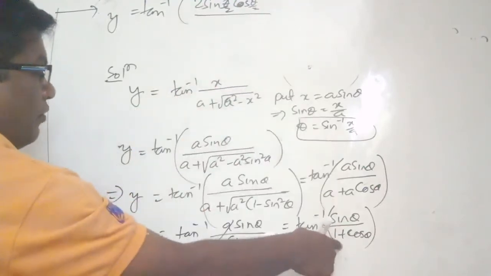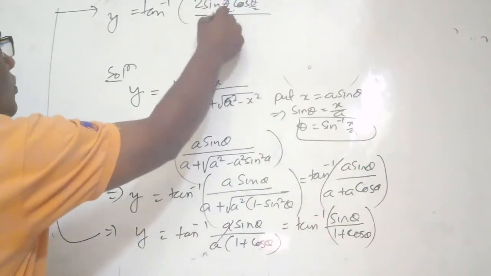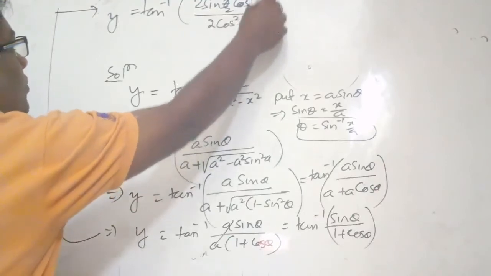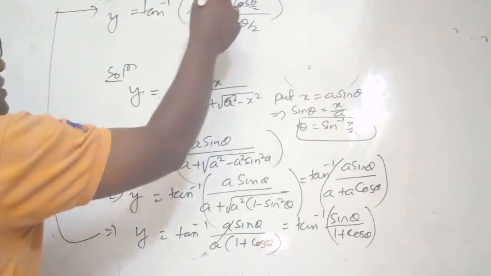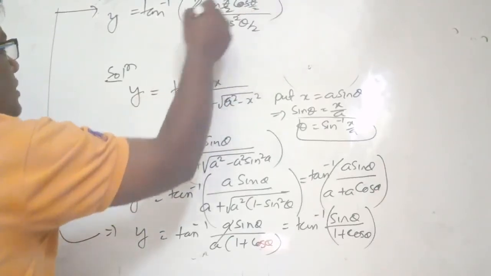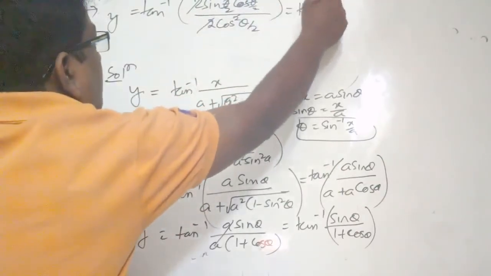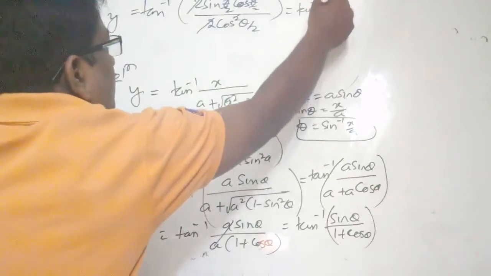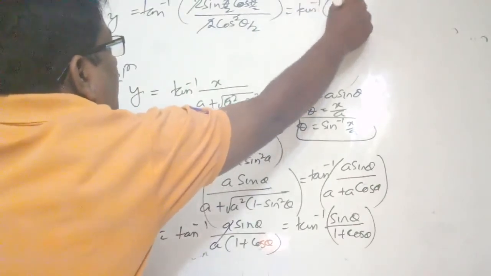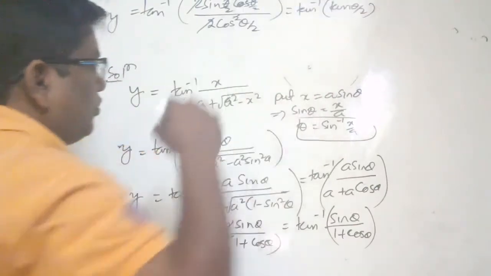What is the formula for 1 plus cos theta? 2 cos square theta by 2. So the 2 cancels, and one cos theta by 2 cancels. This is tan inverse of sin theta by 2 over cos theta by 2, that is tan theta by 2.